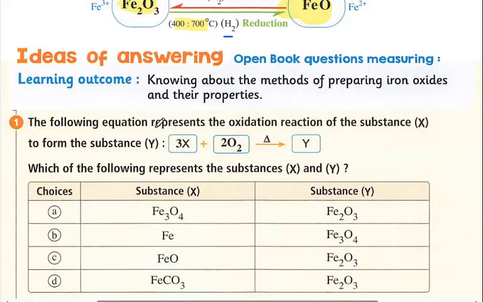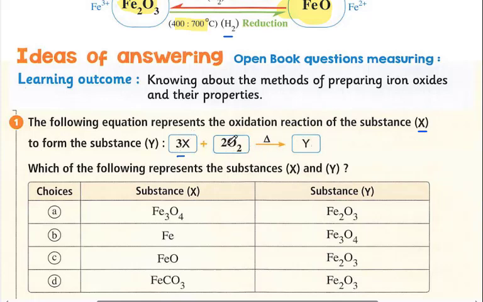The following equation represents the oxidation reaction of the substance X to form a substance Y. So Y here is X3O4, as it is a balanced equation.